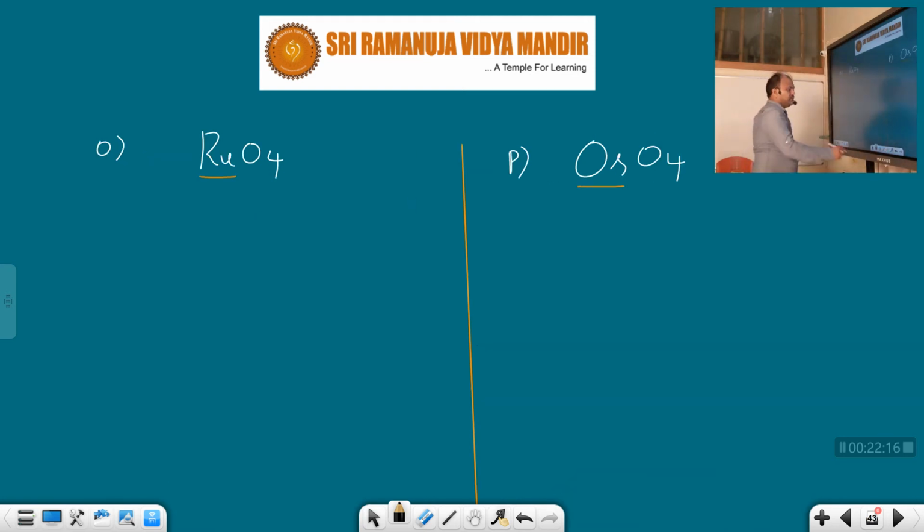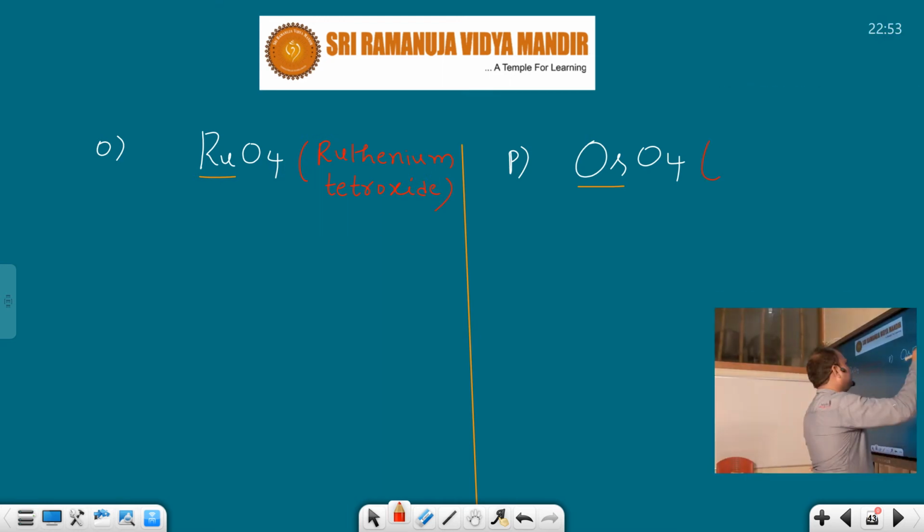Next one, ruthenium tetroxide will be given, as well as osmium tetroxide will be given.